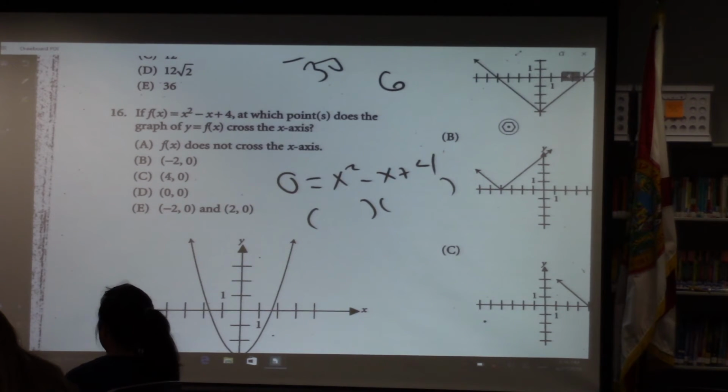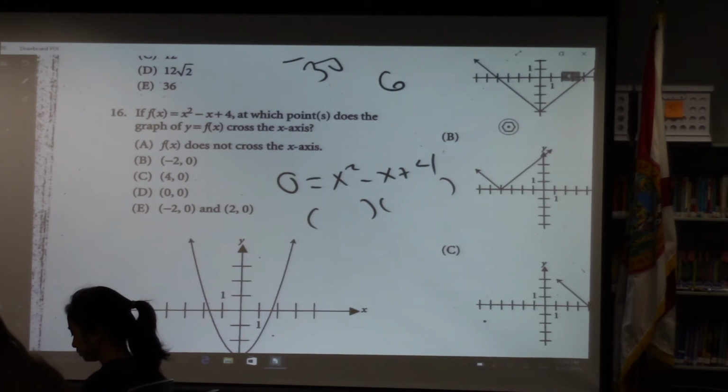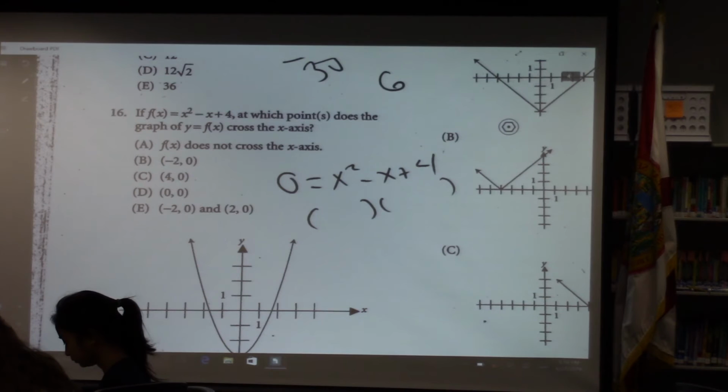And I definitely don't ever factor in real life, so only on these math things. So if you forget, it's okay. I'm not saying you guys did, but if you need a refresher on this, just let me know so we can go over it.